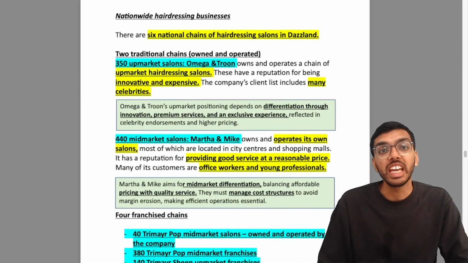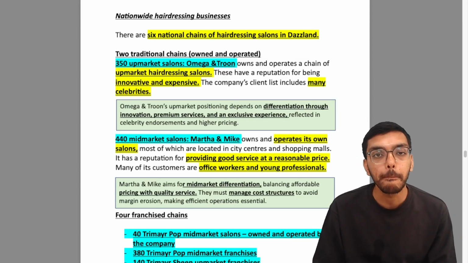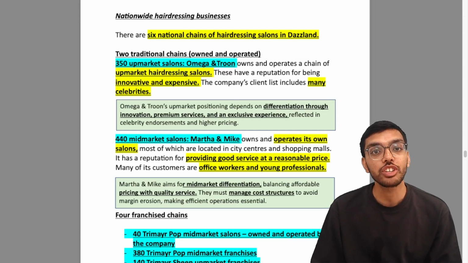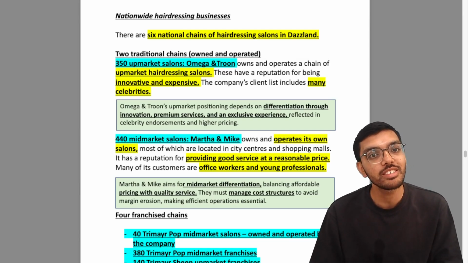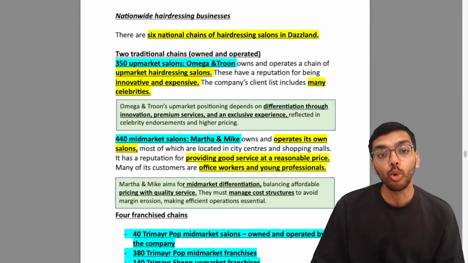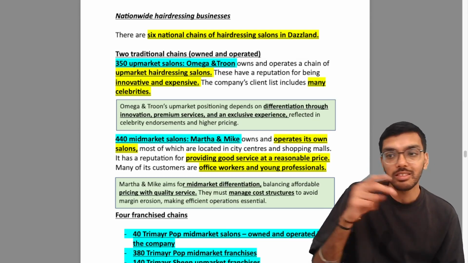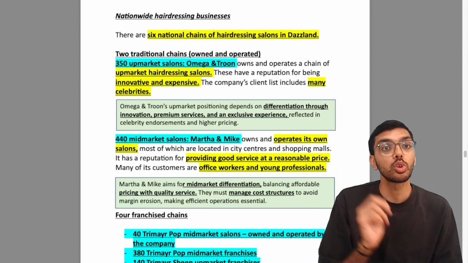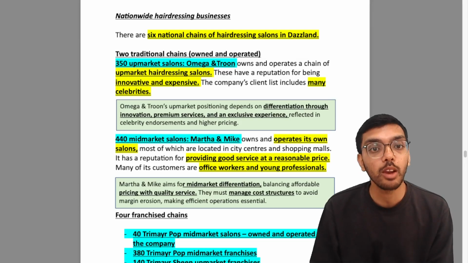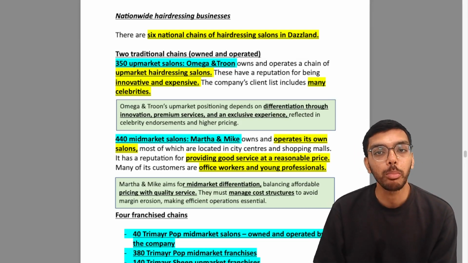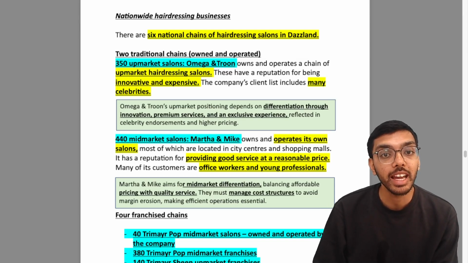Next, nationwide hairdressing businesses. In Dazzland, there are 6 national chains of hairdressing salons. 2 are traditional and 4 are franchised. Traditional means every shop is owned and operated. So 350 upmarket salons: Omega and Troon owns and operates a chain of upmarket hairdressing salons.